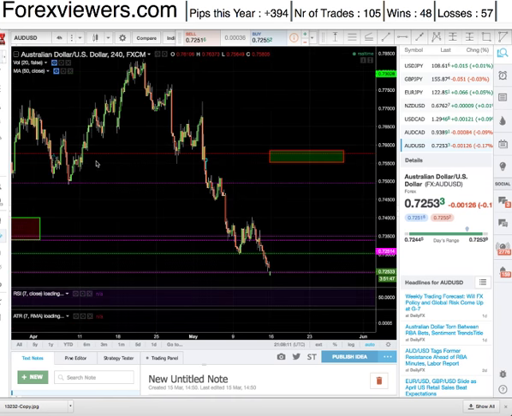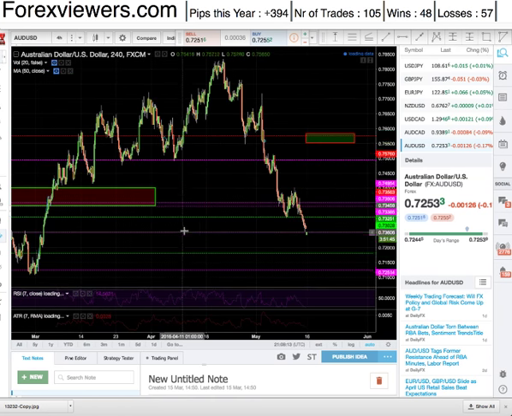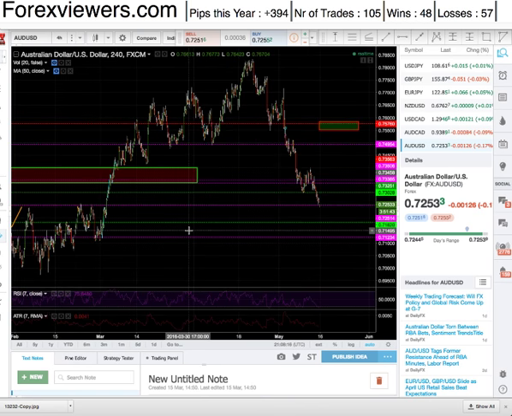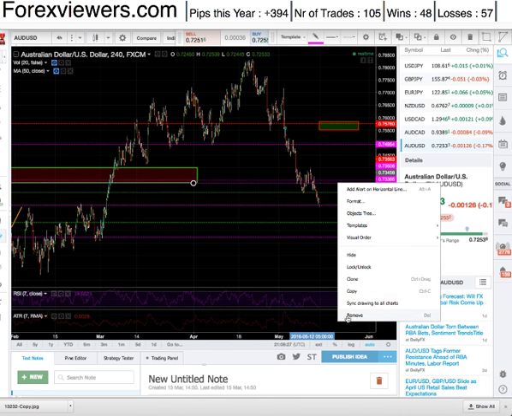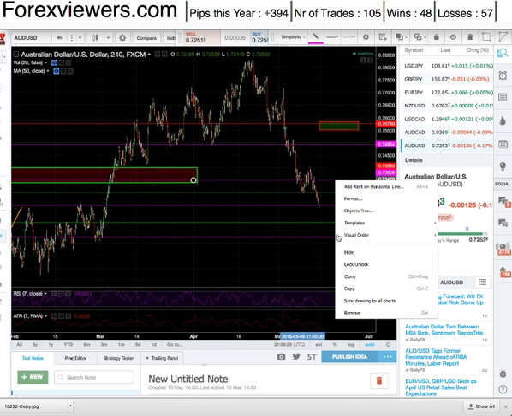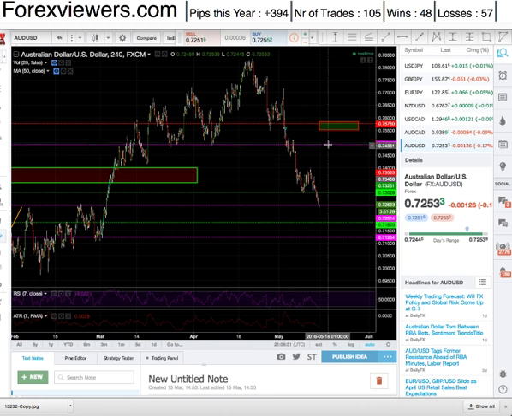We can take a look at the 4 hour. We've been trending heavily down. I am especially interested in this current level right now. I want to see what happens here. These lines right here are getting ridiculous, so let's erase some of these lines.